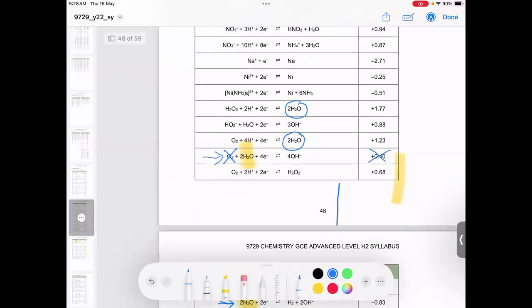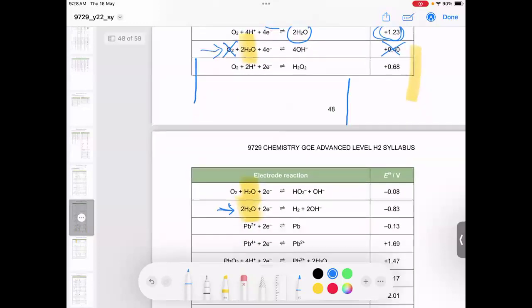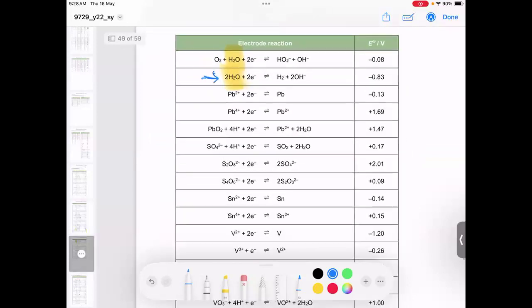So for oxidation of water, between these two in the reverse direction, this one is more negative, this one is less negative. The one that is less negative will be the preferred equation to use. So water on the right side is not so problematic.